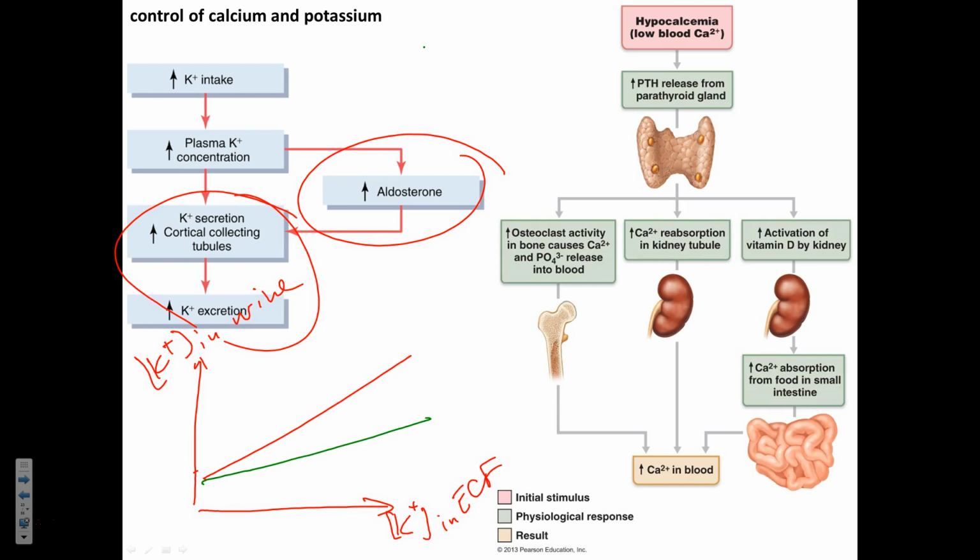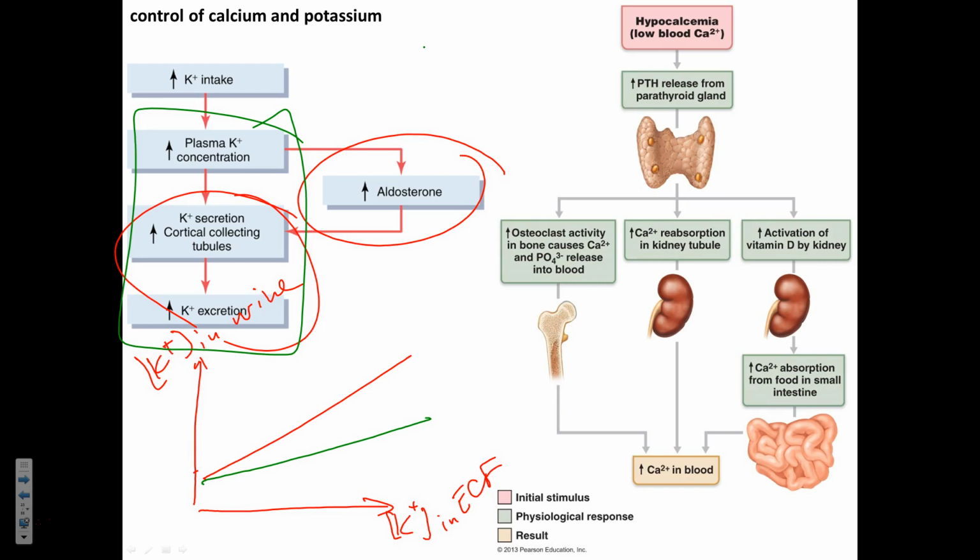So you still excrete potassium, but not as effectively, because the only mechanism that you have is the aldosterone-independent mechanism of potassium excretion. Do you understand what I'm saying? So kidneys regulate potassium, and the main goal here is to get rid of it.